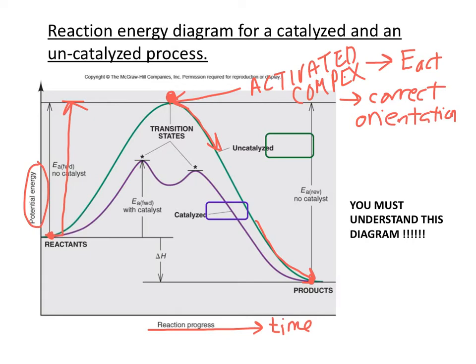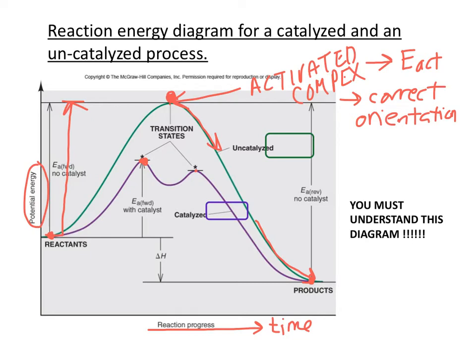So what happens then is if we add a catalyst, the catalyst lowers the energy. So if you look at this, we've added the purple line, which represents the catalyzed line. And this is our first transition state or activated complex. A little later on we may have a second.